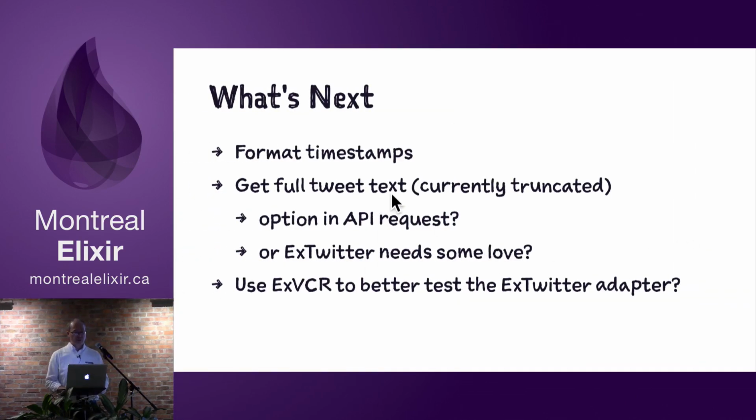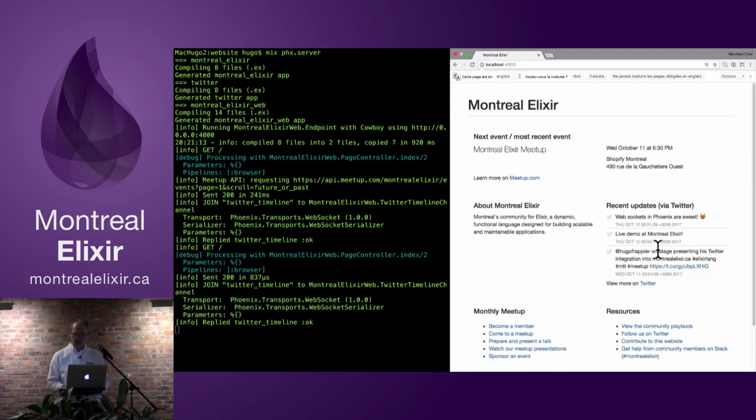We need to get the full text as well. Currently, I don't know if you noticed that, but the tweets are truncated. Well, there's no example here, but there are some long tweets. They get truncated. Twitter is doing that by default. It's truncating the long tweets, although it's only 128 characters. Well, 140? I know.